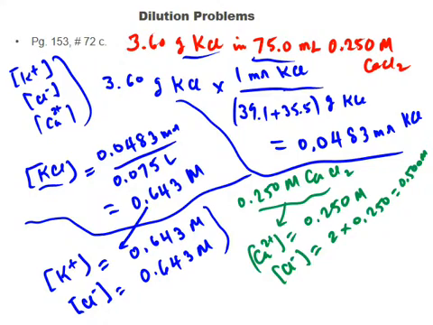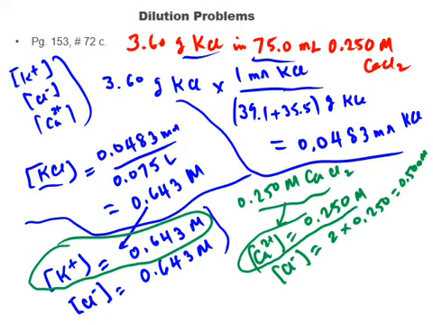Now we already got two answers here. K plus in the solution would be 0.643 molar. Calcium 2 plus would be 0.250, but Cl minus came from both calcium chloride as well as KCl. So you need to add those two quantities.